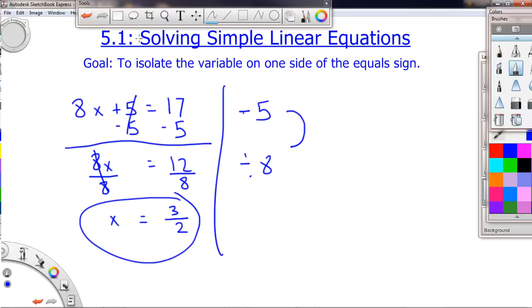That's usually true for just about every problem: you take a series of steps, and your overall goal for linear equations is to get the x alone and then the number on the other side. That's our goal.